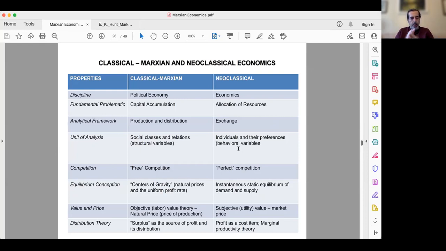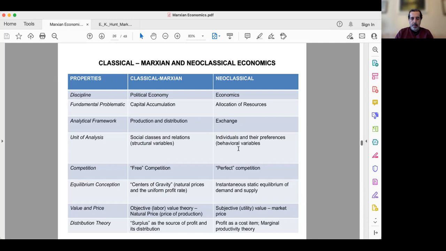It's a long-run analysis from an analytical point of view. And the basic problematic is capital accumulation, which is not independent of production and distribution, especially distribution, because it is the profit which makes capital accumulation possible. And everything depends on the profit.